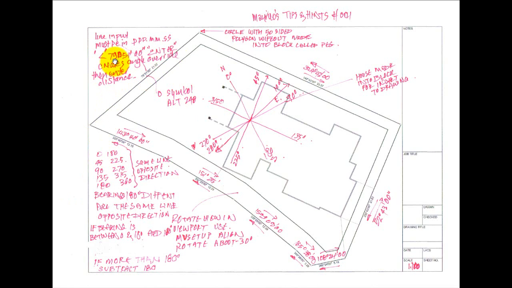So in this case 79, and you put a D in there, 79D 51 minutes 00 seconds. Push enter, and that creates an angle override. It actually says angle override, and then you just enter the distance, 21.52, and then you're on to the next one.